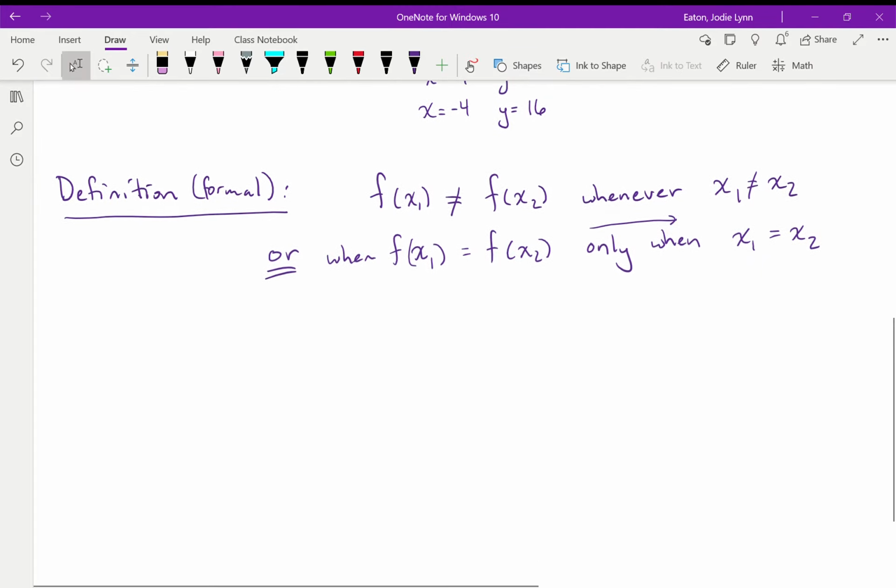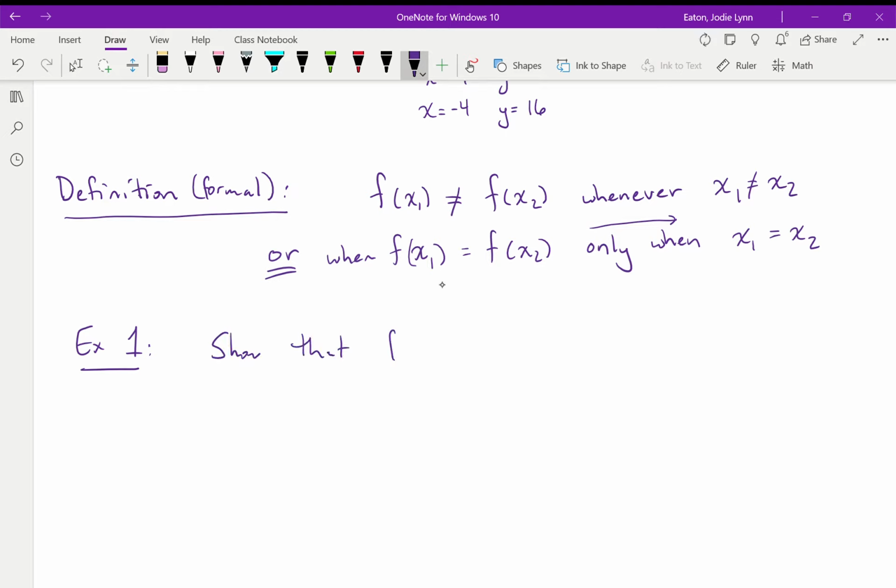Okay, so let's have a quick look at an example. Let's show algebraically that f of x equals x squared plus 2 is not one-to-one.